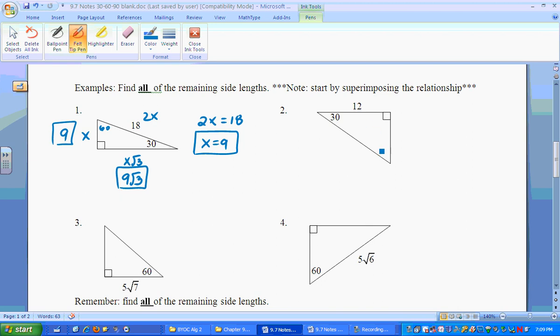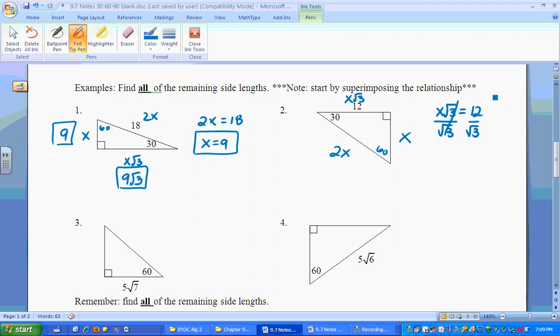Moving on. Another 30, 60, 90. Superimpose. Across from 30 is x, 60 is x root 3, across from the 90 is 2x. So this time we have x root 3 set equal to 12. Divide by root 3. Now here's why we learn this. Are we allowed to leave the root 3 in the denominator? Absolutely not.